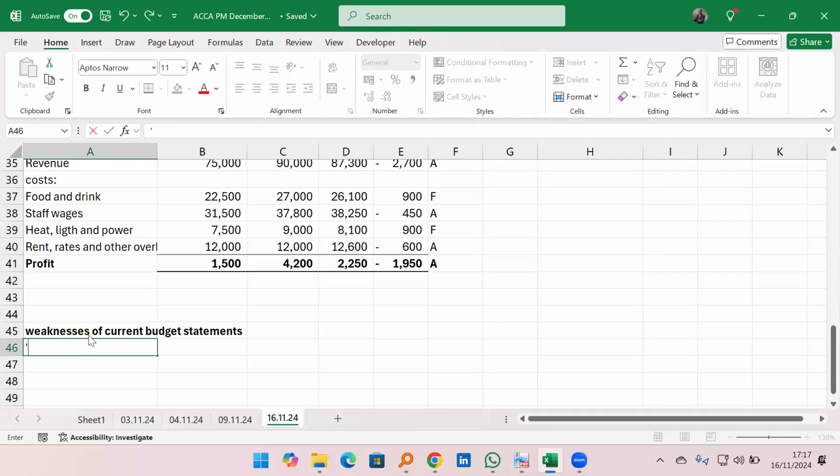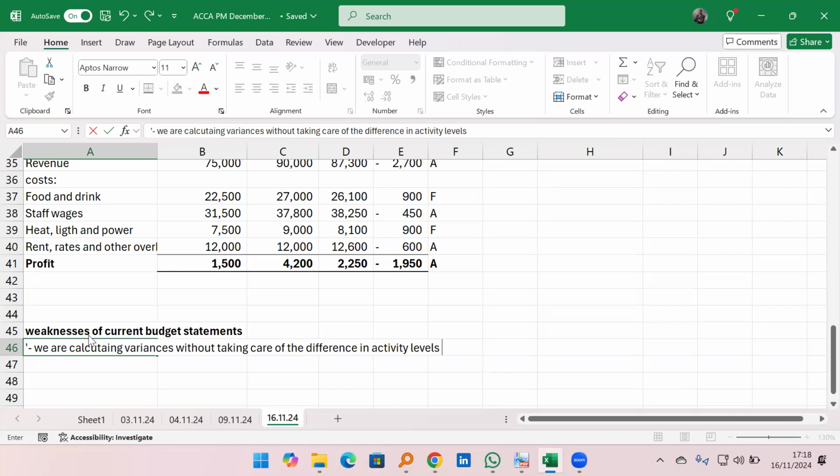And I think the first one that you can see from here is that we are calculating variances without taking care of the difference in activity levels regarding the budget and actuals.